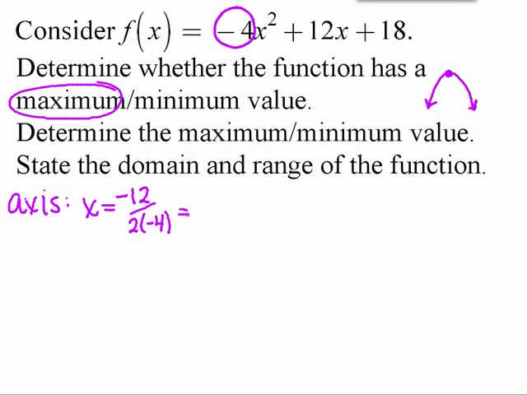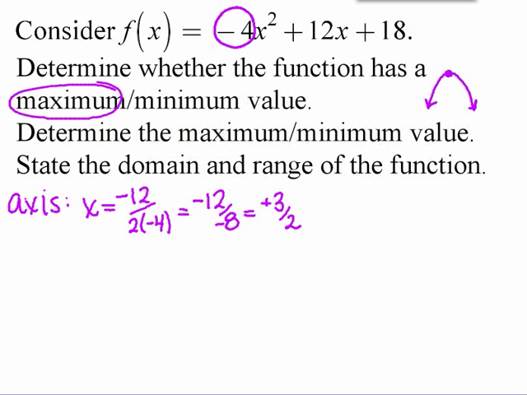So what is your axis going to be? Negative 12 over negative 8, which is positive 3 over 2.